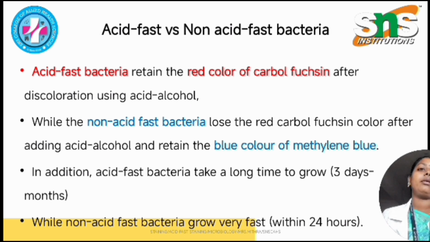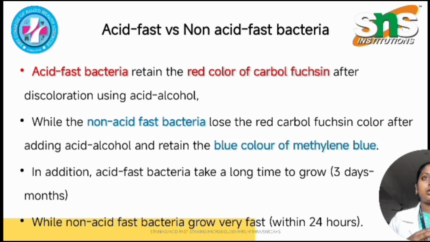So these are all about acid fast bacteria, non-acid fast bacteria, and acid fast staining. We can conclude that acid fast staining was discovered by Paul Ehrlich, and later modified by Ziehl-Neelsen, and it is mainly used to differentiate acid-fast bacteria and non-acid-fast bacteria.